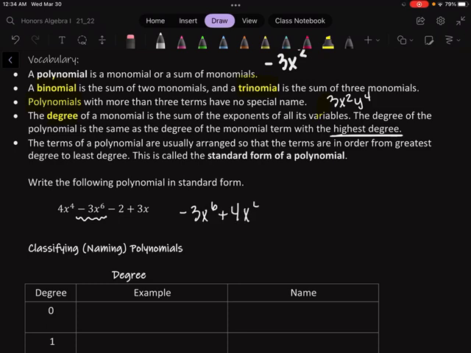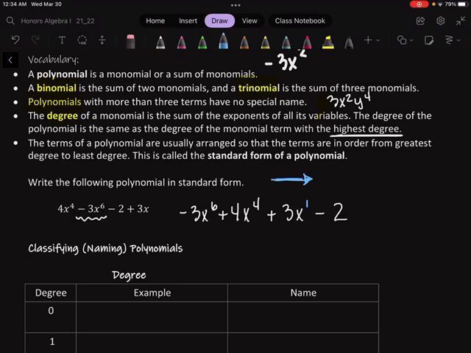And then we have that positive 3x and then minus 2. So if you see, it's going in decreasing order from greatest to least: 6, 4, this is a 1 here, and then that would have been a 0 exponent. Constants are always at the end.